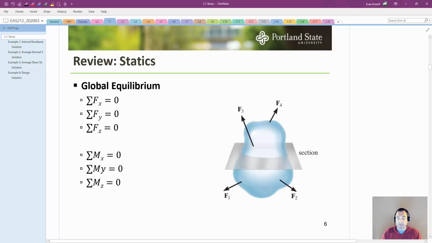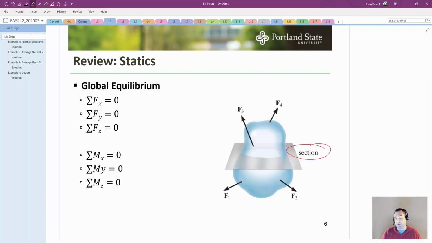So the basics of that, you see the amorphous blob body on the right-hand side. If we have multiple forces applied to that body and we were to make a section cut anywhere that we want through the body, we can remove everything on one or the other side of that section cut, and then there will need to be forces and or moments transferred across that section cut to keep everything in equilibrium.